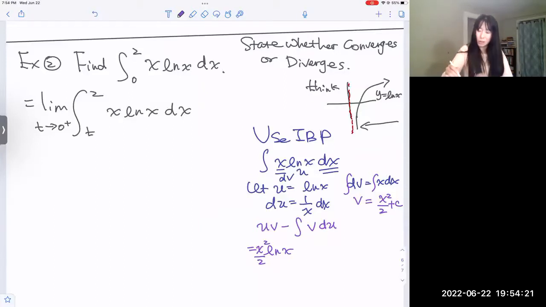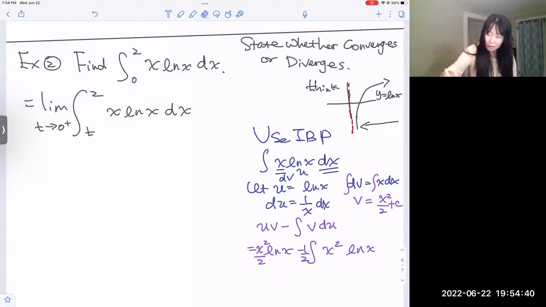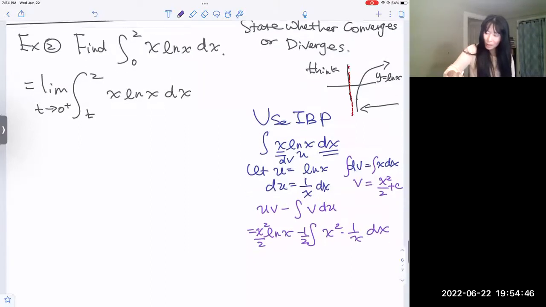Now minus the integral of v, which is 1/2 x squared, du, which is 1 over x dx. Sorry about that.